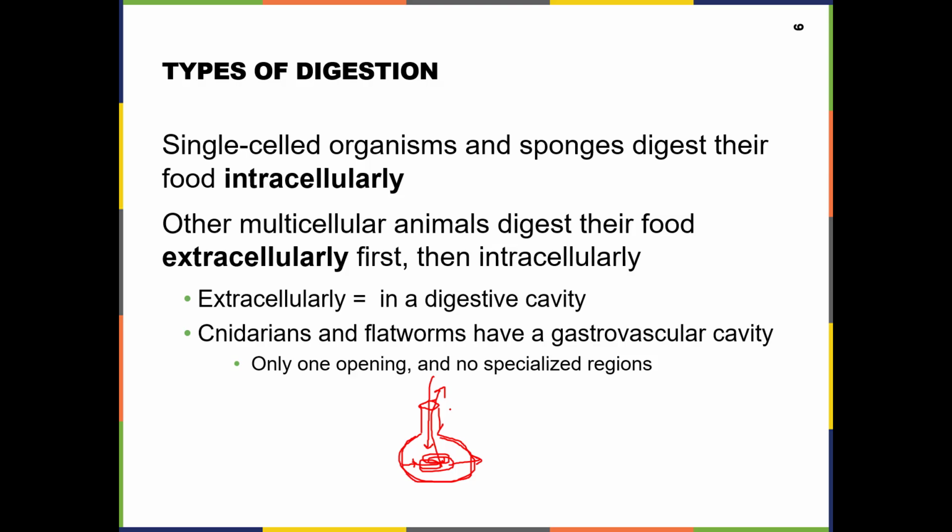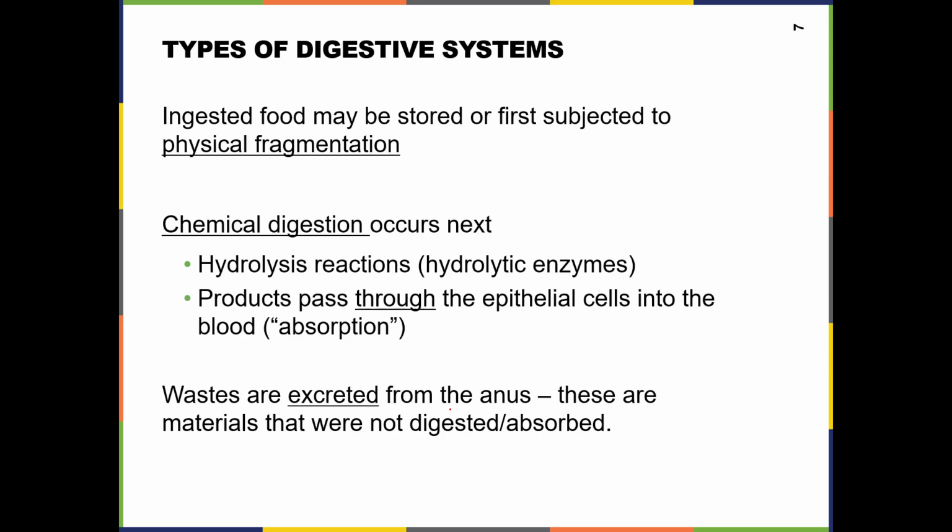So there aren't any specialized regions of the digestive systems in the cnidarians and flatworms. There's just this one structure called the gastrovascular cavity. All right, but for most other organisms, there are specialized sections of the digestive system. And this can happen in different ways.